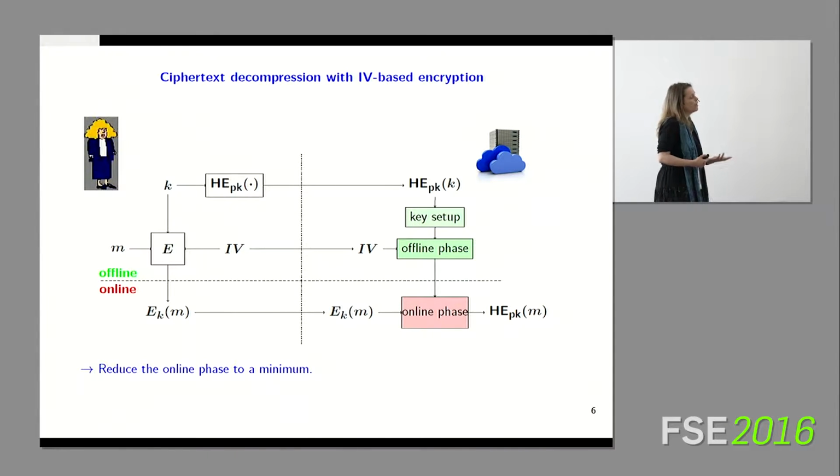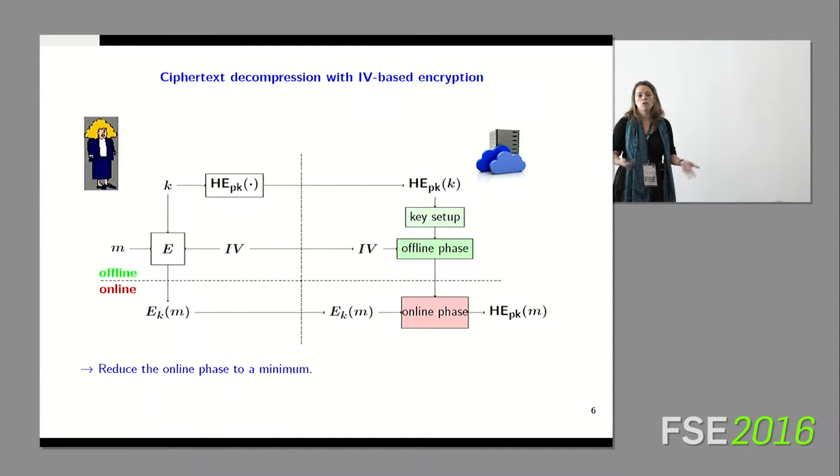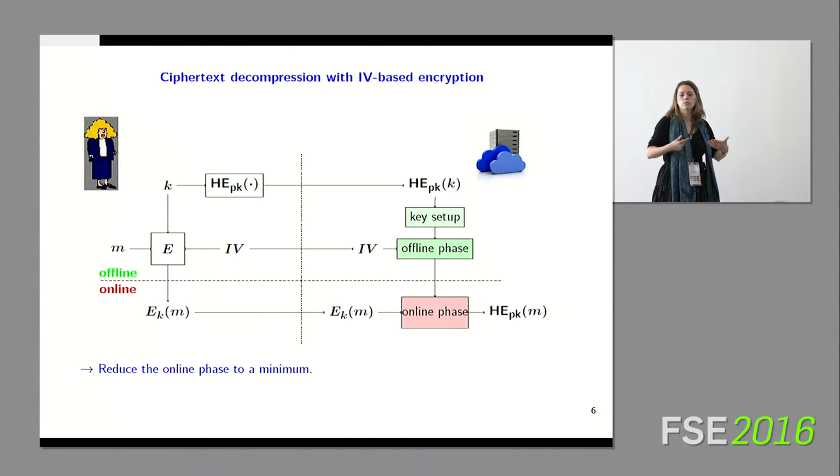So this is why the best type of symmetric encryption schemes in this respect are the additive stream ciphers, because in an additive stream cipher, the keystream can be generated offline, and then this online phase consists of a single bitwise exclusive OR, which is almost for free in terms of noise growth in our setting.